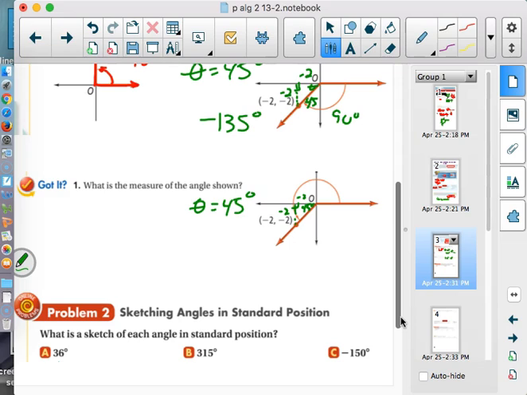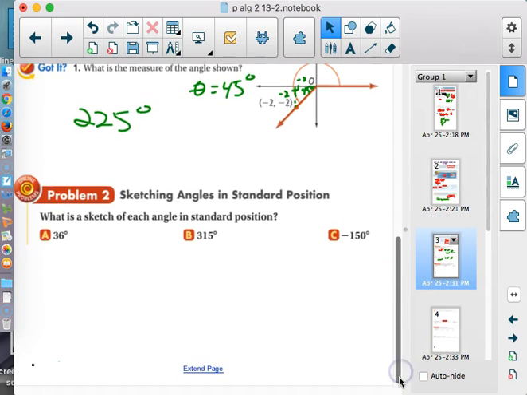Why not? Counterclockwise this time. So 180 plus another 45, what do we get? 225 degrees for that angle. So we need to know whether or not we're going clockwise, counterclockwise to determine what we have for that angle.